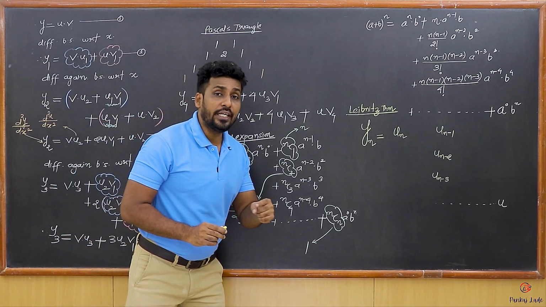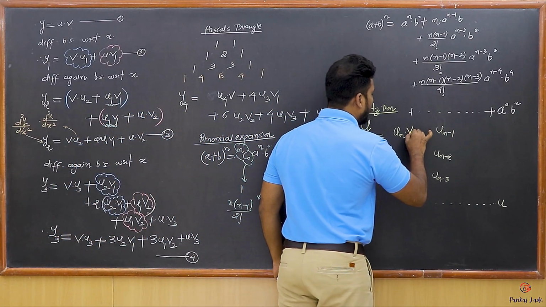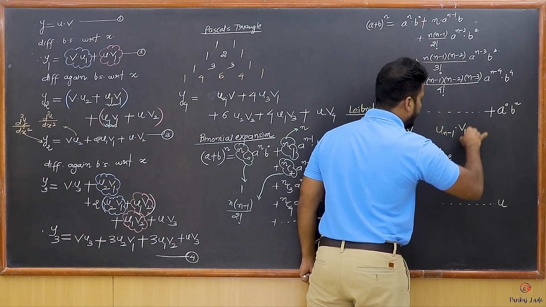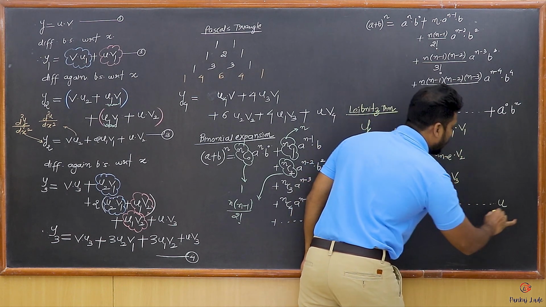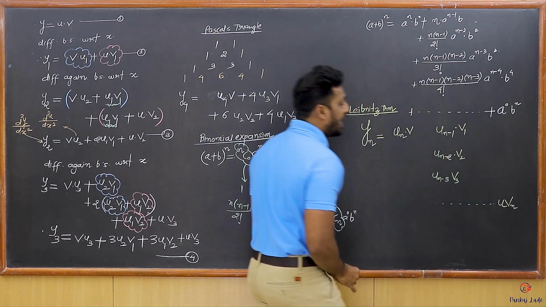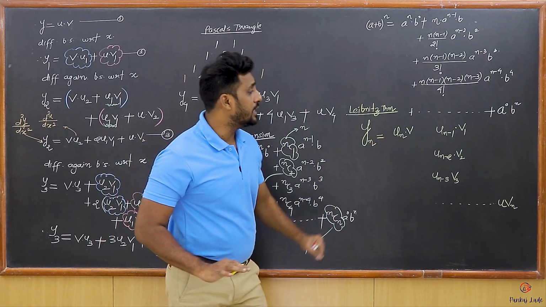Likewise, what happens to V? It is ascending. So you will begin from V. So U into V, then you get V1, you get V2, you get V3, and so on. You will keep on continuing till Vn. Now you got to understand V means the function kept as it is.